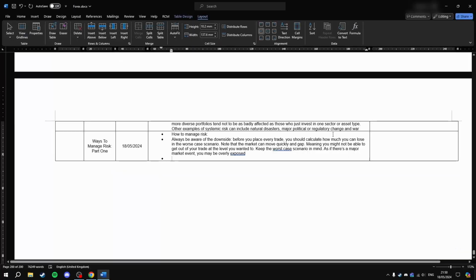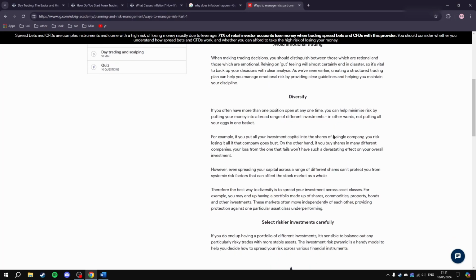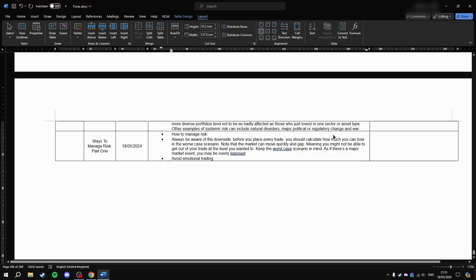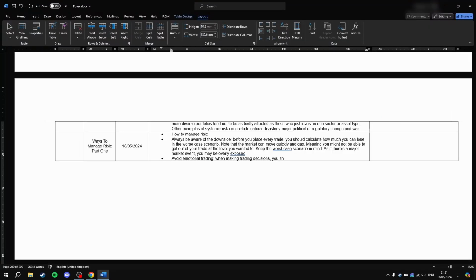Avoid emotional trading. When making trading decisions, you should distinguish between those which are rational and those which are emotional.